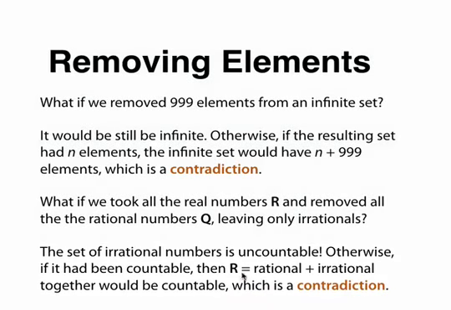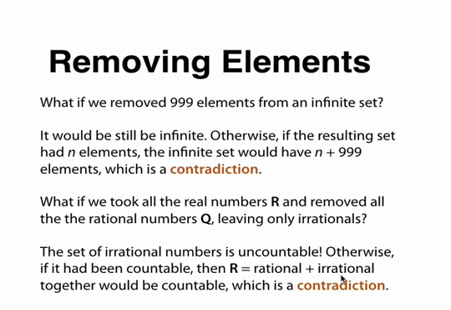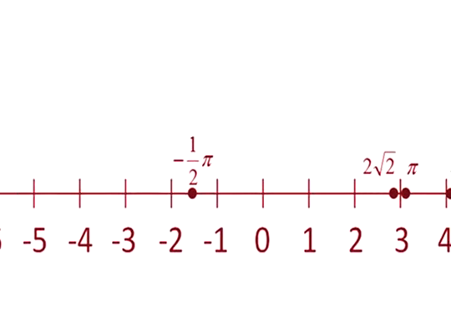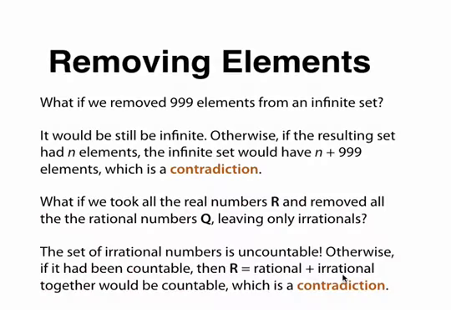Meaning that if R is uncountable and the rational numbers can be counted, then whatever's left over must also be uncountable. There are literally an uncountable number of irrational numbers. There's literally more numbers that you cannot express as a ratio, as a fraction, than there are numbers you can. And I think that's kind of cool.